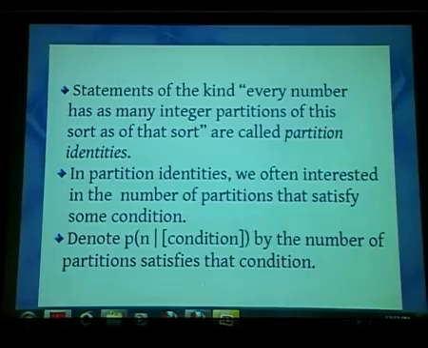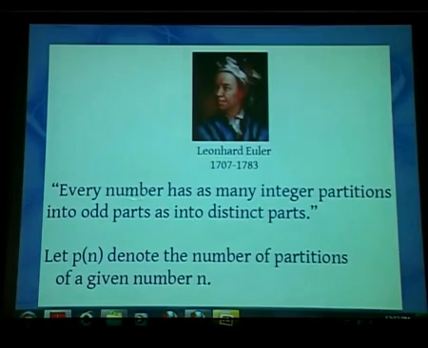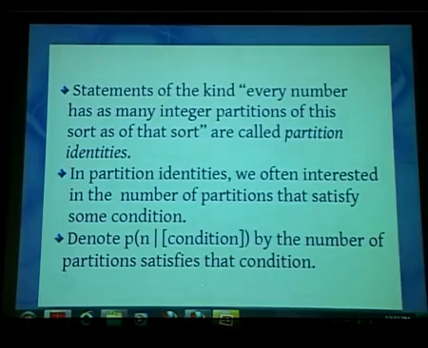In the previous statement, some condition is satisfied by the partition on one side and another condition on the other side, and they are equal. So statements that every number has as many integer partitions of this sort as of that sort are called partition identities.